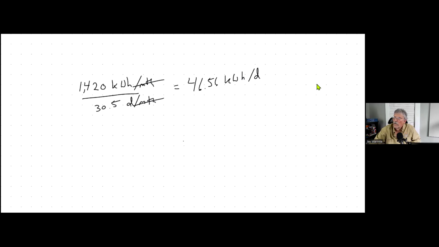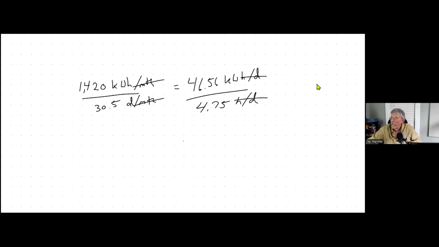So we jump back into our whiteboard here, and I just found out we've got 4.75 hours per day of perfect 1,000 watt per square meter sunlight. Notice hours per day cancel out.